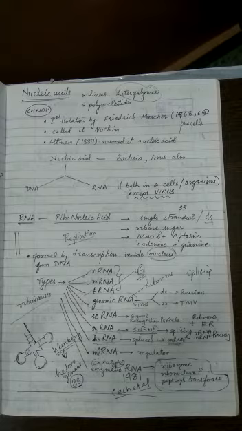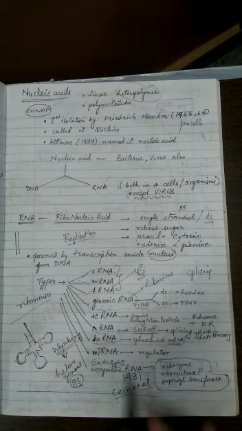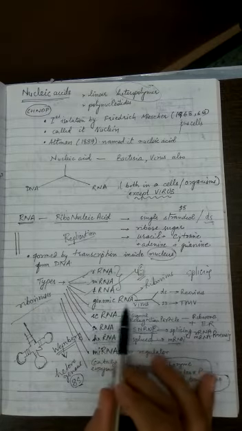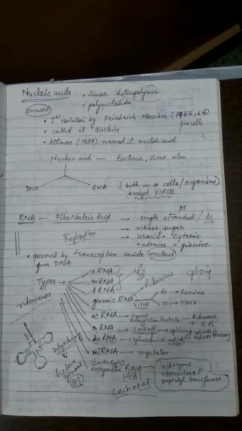We even learned that there is something called genomic RNAs, and genomic RNAs are found only in viruses. There are certain viruses which do not have DNA but have RNA as their genetic material. Such an RNA is called genomic RNA, and it can be double-stranded, for example reovirus, or single-stranded, for example tobacco mosaic virus or TMV.